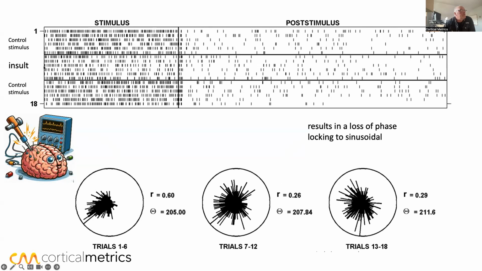This radial histogram comes from these first few trials. Then when the insult is provided, we are no longer following that pattern. The entrainment is no longer attaching as well to that sinusoid. The brain is no longer working as well. And even after the insult is removed, that pattern remains.